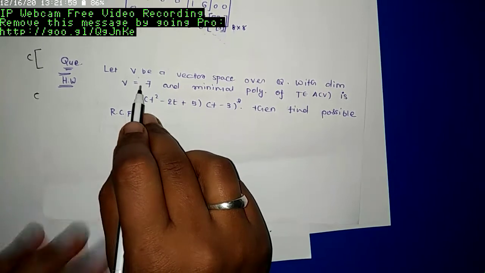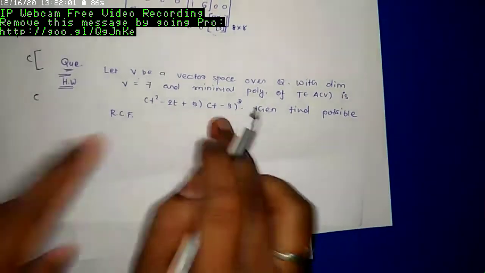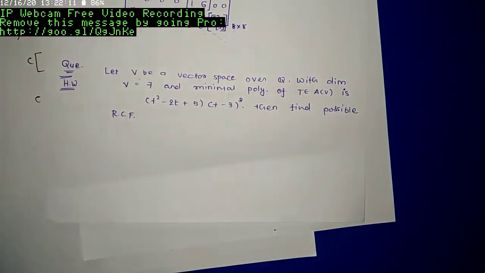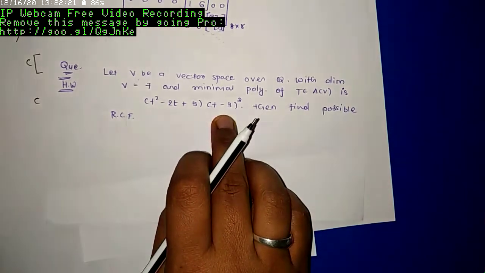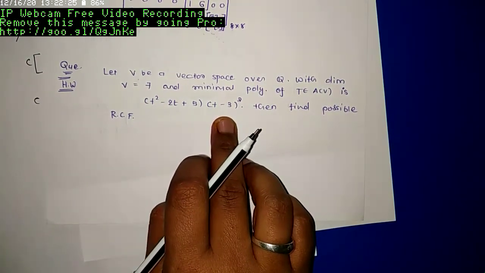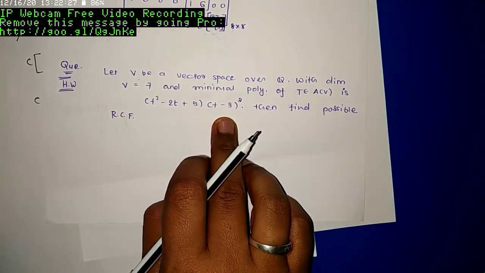But our minimal polynomial has total degree 5, so this minimal polynomial gives us a 5 cross 5 matrix. We have to convert this, we have to multiply this with another factor so that we get a 7 cross 7 matrix.